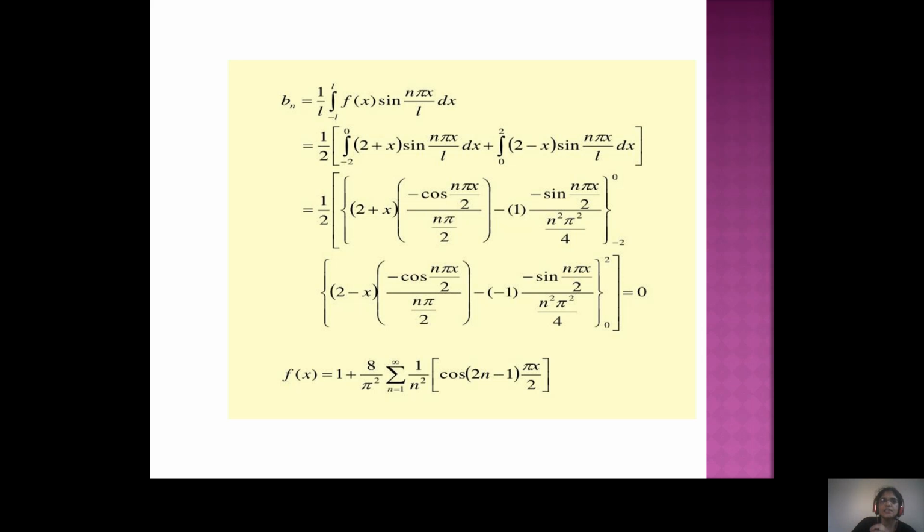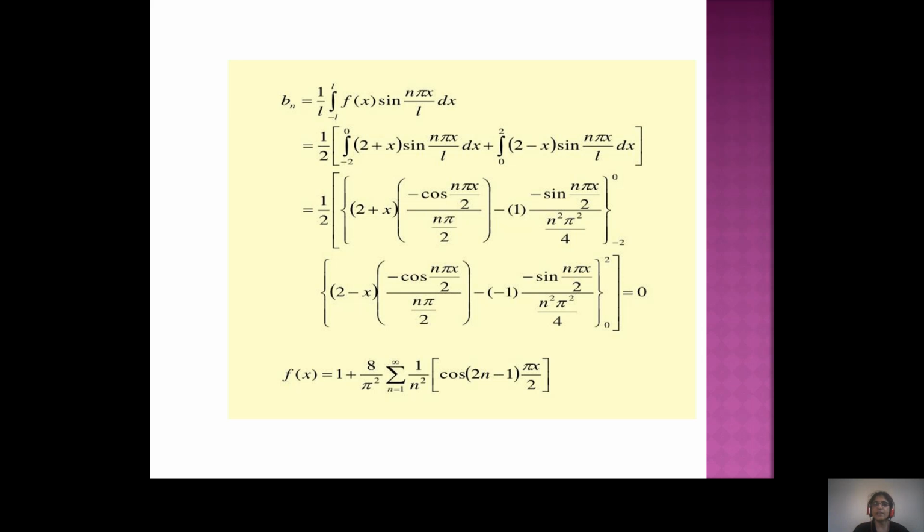Then you get the total f of x is equal to 1 plus 8 by pi square summation of n equal to 1 to infinity, 1 by n square into cos of 2n minus 1 into pi x by 2.